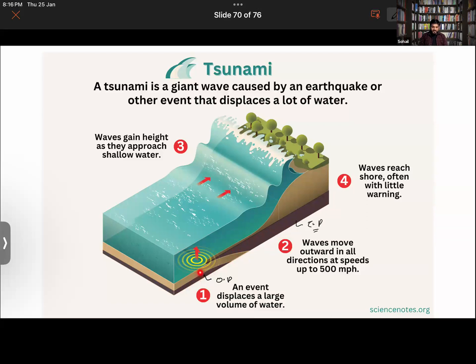Can you see this boundary where the two plates are meeting, colliding with each other? That is causing upliftment of the water here. Basically an earthquake is happening here. Getting it, guys? So an underwater earthquake is displacing huge volumes of water towards the coastal areas, right?